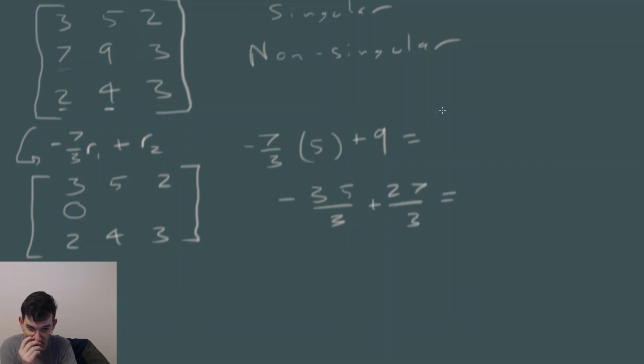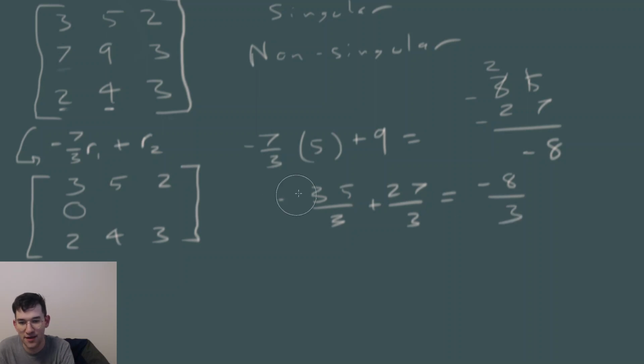So negative 35 plus 27, it's clearly 8, so negative 8 is our answer. I mean negative 8 over 3, so that's what this one is, negative 8 thirds.